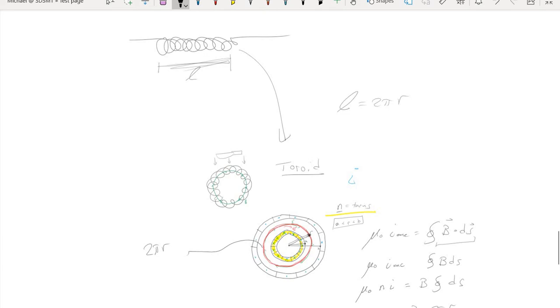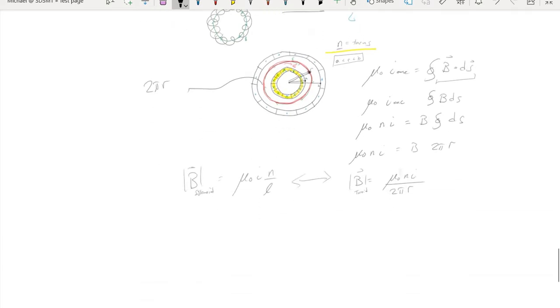It's just the same thing. And if we pair that together here, we've got n over length. It looks like there's another condition where we are going to be limited by the number of turns that we can fit inside of any toroid.